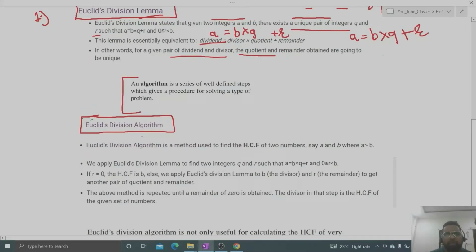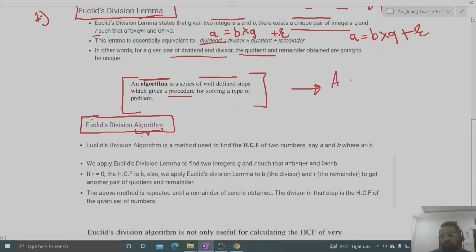I also want to introduce one word here, algorithm, because it is used here. You may not be familiar with it. What do you mean by algorithm? Actually, an algorithm is a series of well defined steps which gives a procedure for solving a type of problem. In simple words, an algorithm is a step by step representation of a solution for solving a given problem.